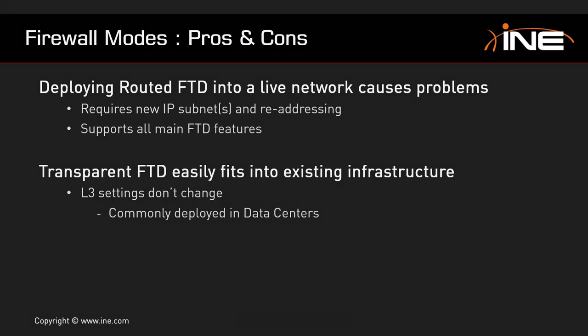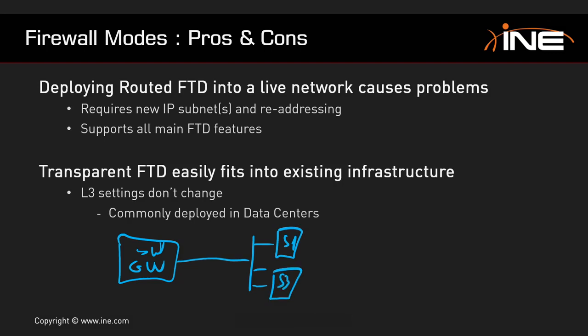So just to give you an example of how you could actually deploy FTD in a data center, assuming that this is going to be our switch, which is acting as a gateway to the connected servers, say S1 and S3.